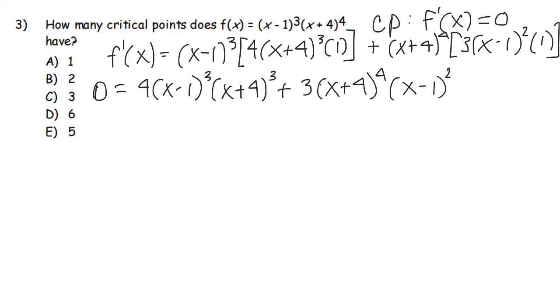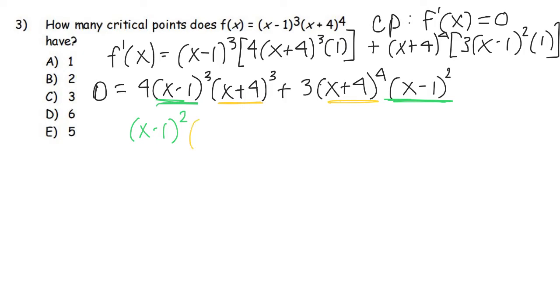And so I would go through with this and I would look for those common factors. I would not multiply this out. There's no need for that. Inside the parentheses, notice I have an x minus 1 cubed and an x minus 1 squared. So an x minus 1 to the second would be a common factor. So I have x minus 1 to the second. And then I would also look and see that x plus 4 is in both terms.